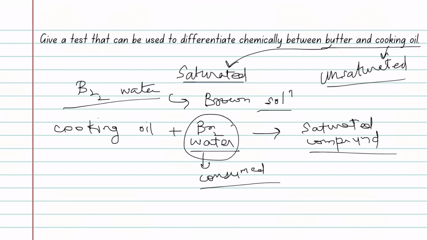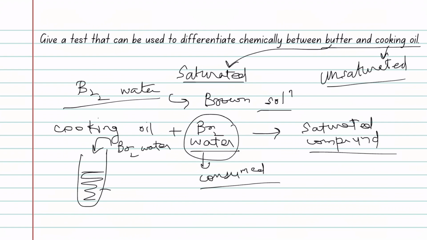Since bromine water, the brown colored solution, got consumed, its color got discharged. So if you have cooking oil in a test tube and you add bromine water to it, as soon as it gets mixed with the cooking oil, it will get consumed, and therefore the brown color of the bromine water will get discharged.